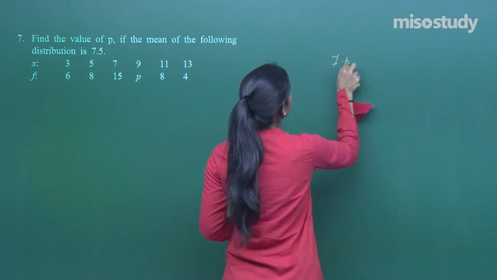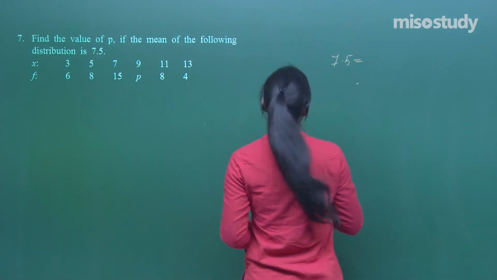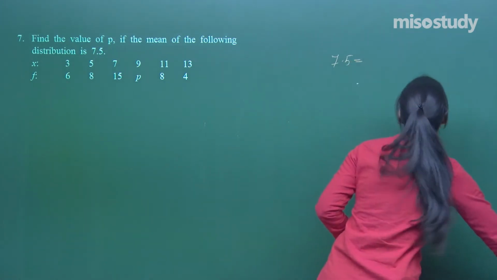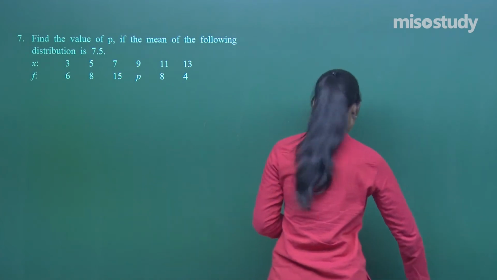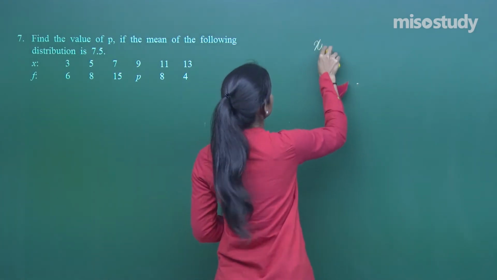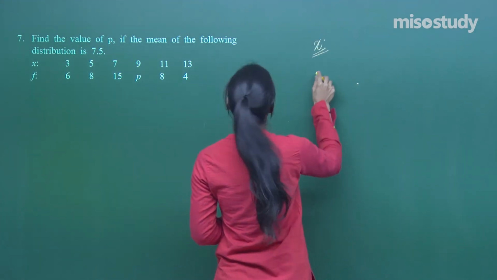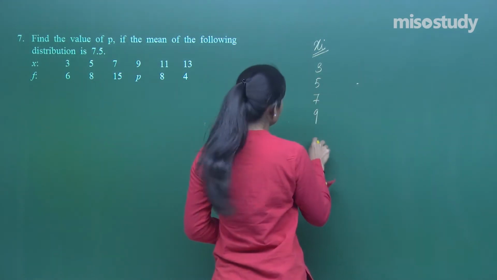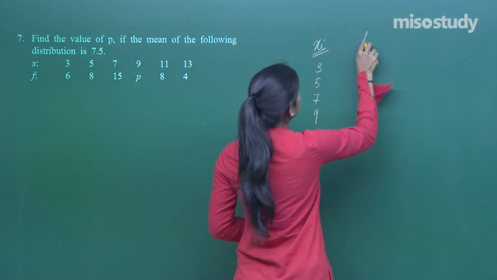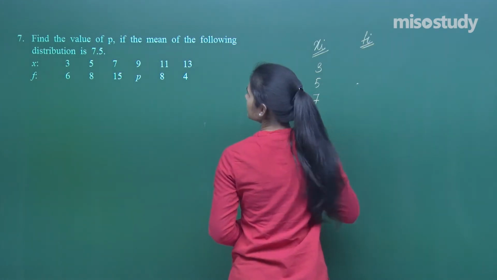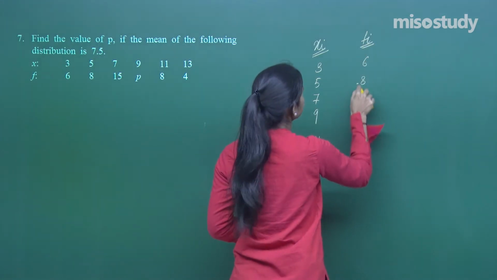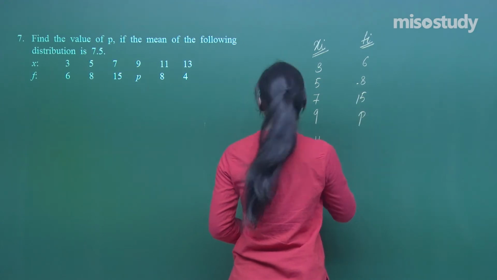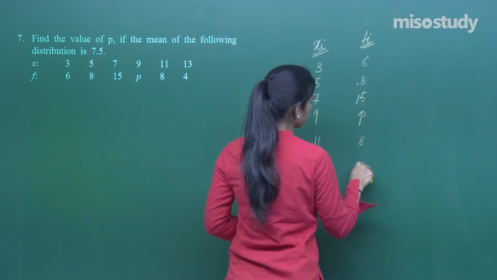So mean is summation fi xi upon summation fi. Before we move on to the evaluation of p, let's first write xi's, which is 3, 5, 7, 9, 11, 13, and fi's are also there as 6, 8, 15, p, 8 and 4.